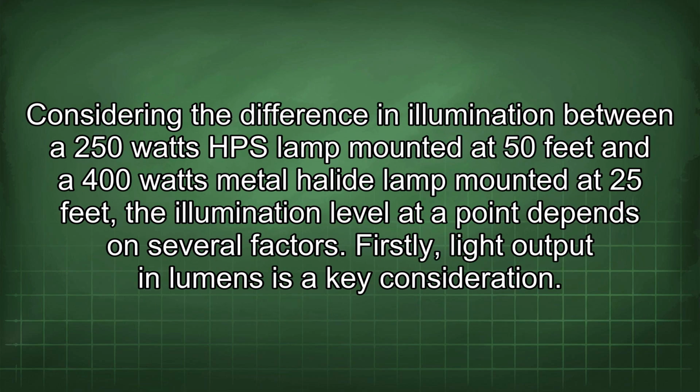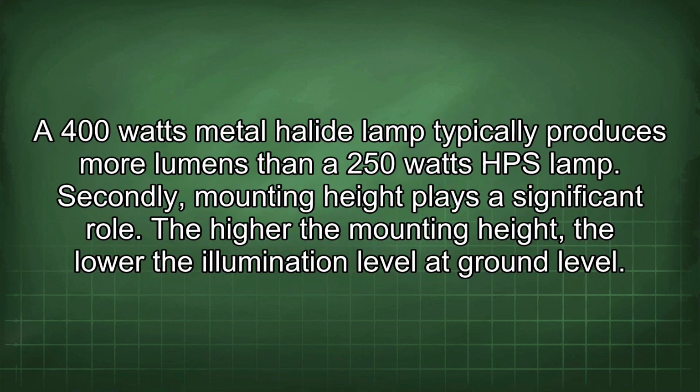Considering the difference in illumination between a 250 watts HPS lamp mounted at 50 feet and a 400 watts metal halide lamp mounted at 25 feet, the illumination level at a point depends on several factors. Firstly, light output in lumens is a key consideration. A 400 watts metal halide lamp typically produces more lumens than a 250 watts HPS lamp.